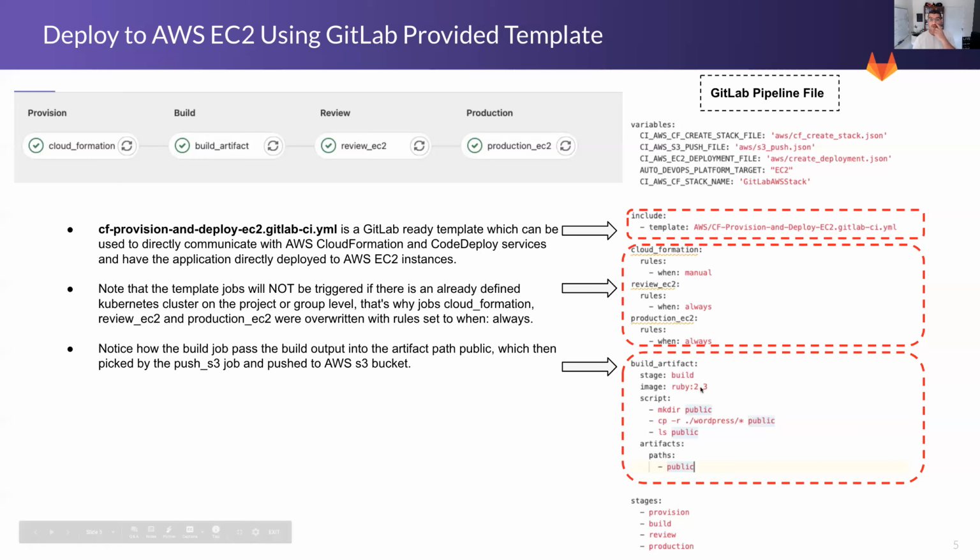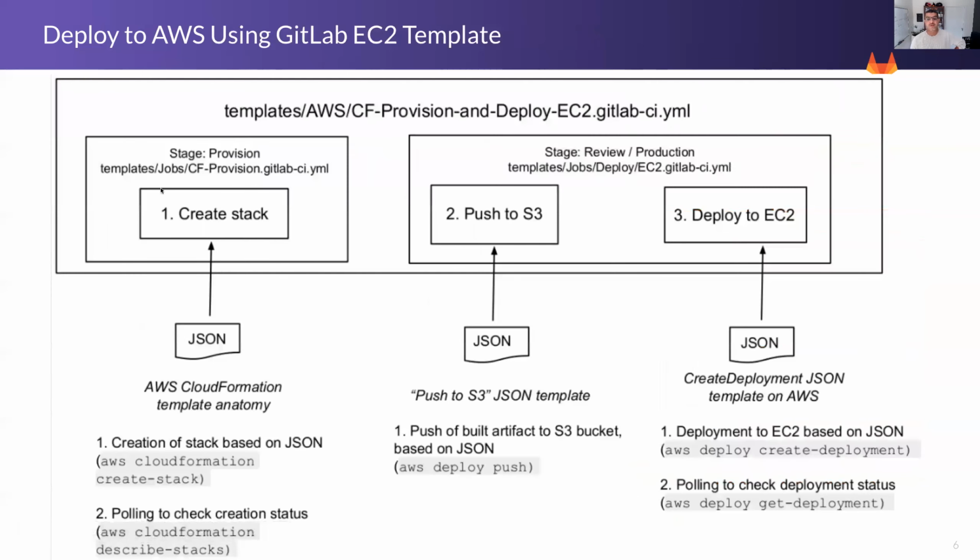By subsequent jobs, I mean the jobs included in this template, which will create the stack, push the application to EC2, and then deploy the application. Create the stack, as I think you can guess, is similar to creating the EC2 instance in the AWS example, right?